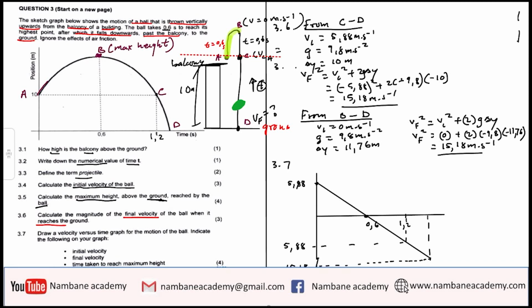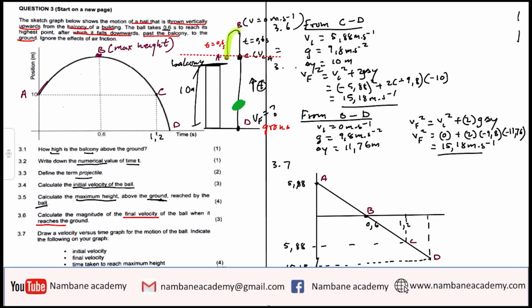Can I represent that with A, B, C, D? Yes, ladies and gentlemen. A, B, C, D. So still, from the velocity versus time graph, I should be able to translate this information into the position versus time graph.